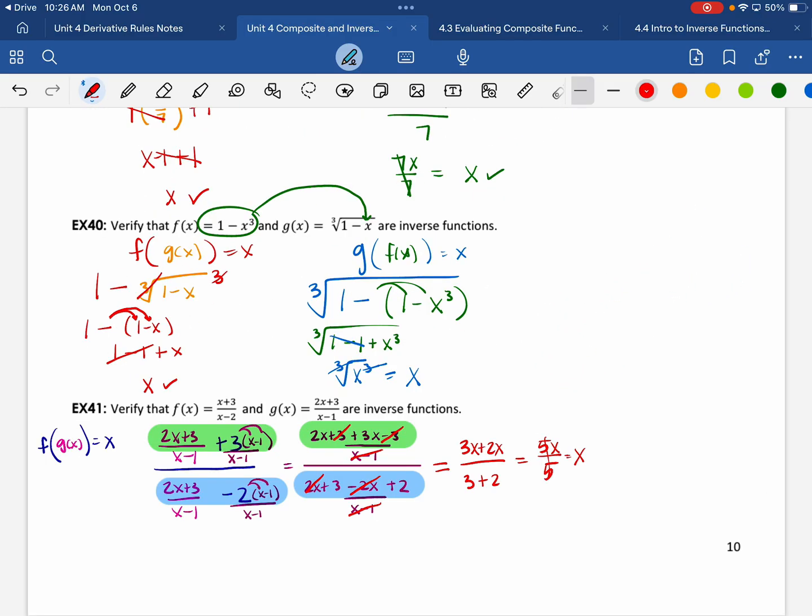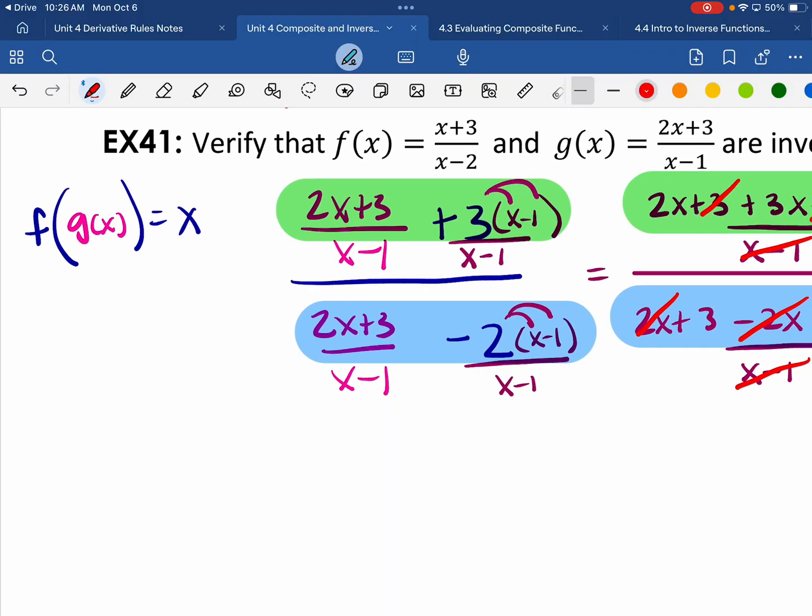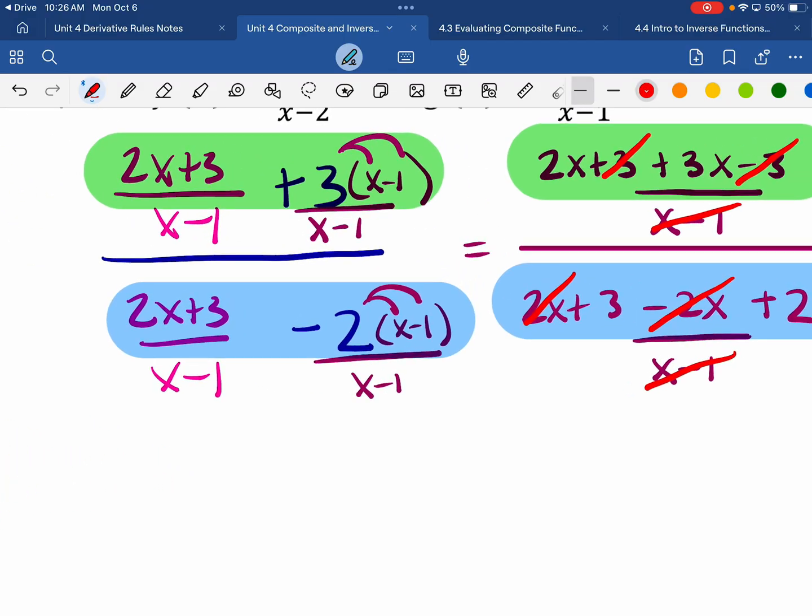Okay. We have to go the other way now. That's why I said these are the hard ones. Now we are going to do g of f of x. I don't make you do a lot of them.